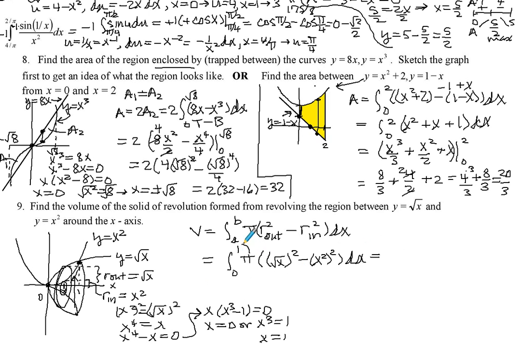So let's see, our pi can come out of the integral, so pi on the outside, integral is 0 to 1. Root x squared, the square and square root are going to cancel each other here, we're just going to get x. Power to a power, multiply, so minus x to the fourth.